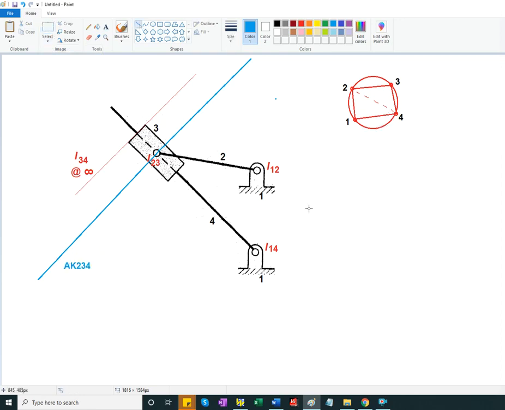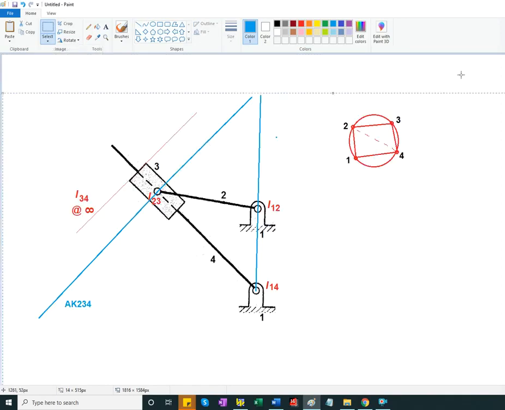So I take 1, 2, and then connect 1, 2 with 1, 4. And let's see, so it'll be like this. Select all, and I would have to extend both of them until they intersect.